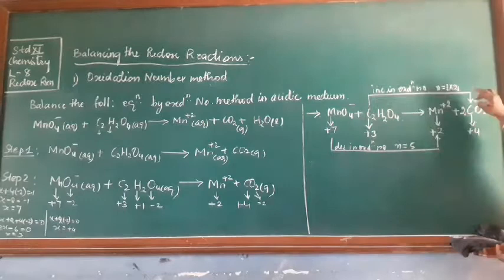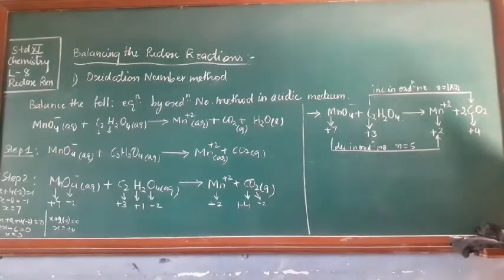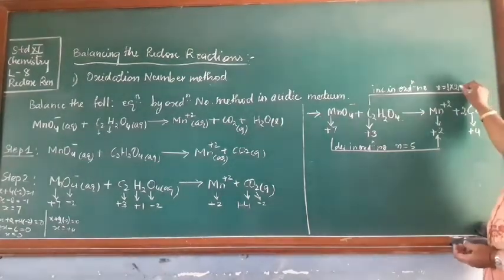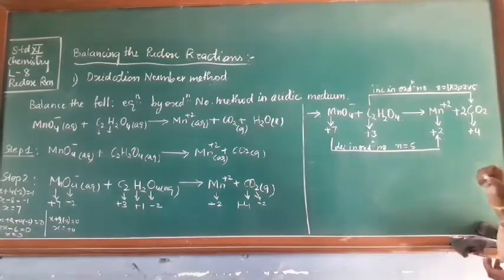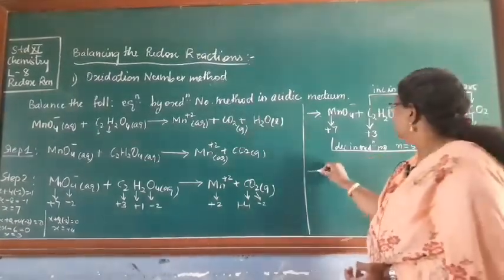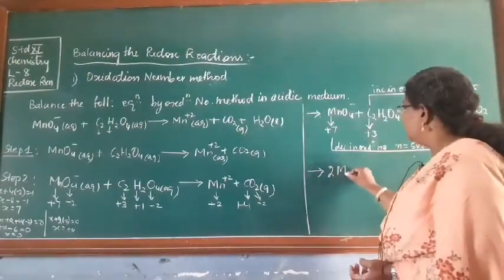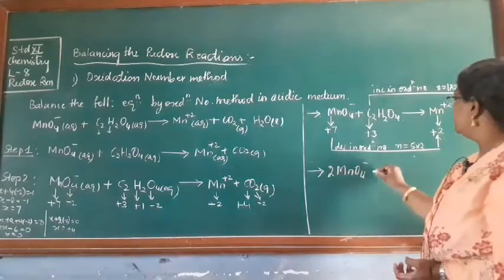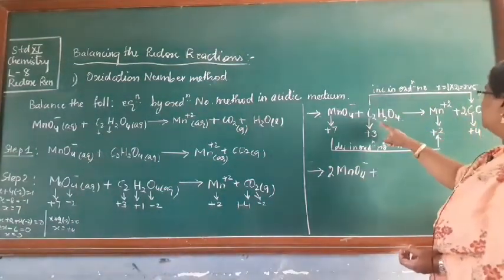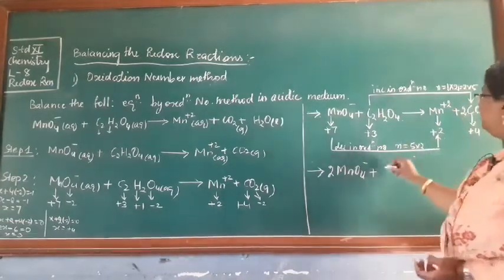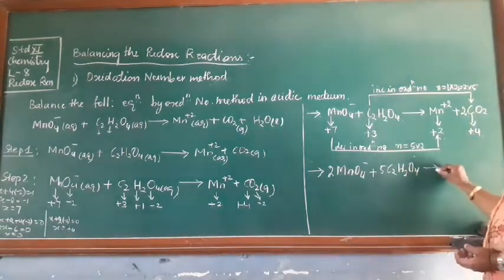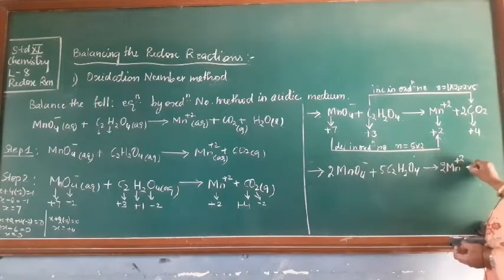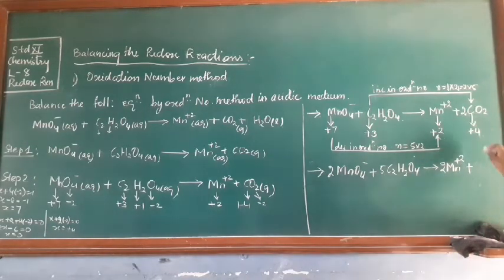What is our next step? To make these changes in oxidation numbers, whether increase or decrease, equal, now 1 into 2 it will be 2. To make them equal, I have to multiply by 2 here and by 5 here. If I multiply by 2 here, I have to multiply Mn also by 2, that is 2 MnO4 minus, plus 5 C2H2O4, giving you 2 Mn2+ plus, now multiplying by 5, I have to write 10 CO2.